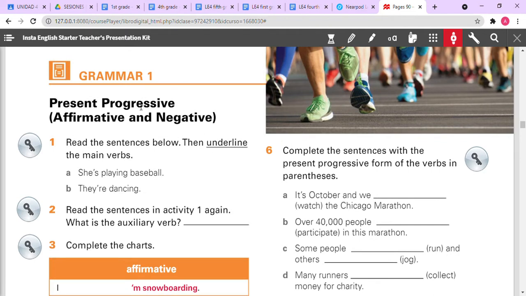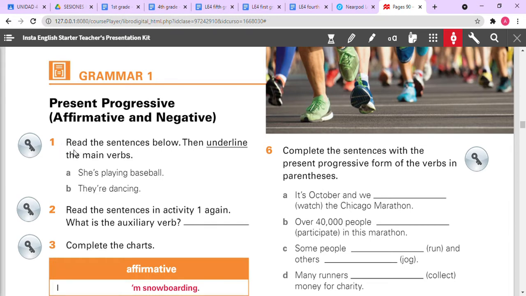Present progressive, affirmative and negative. Look, when we talk about progressive, in this case present progressive, we're talking about activities that are in progress, okay? And it's a very easy tense, so try to pay attention.